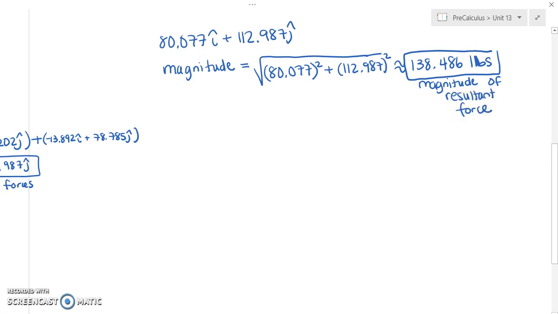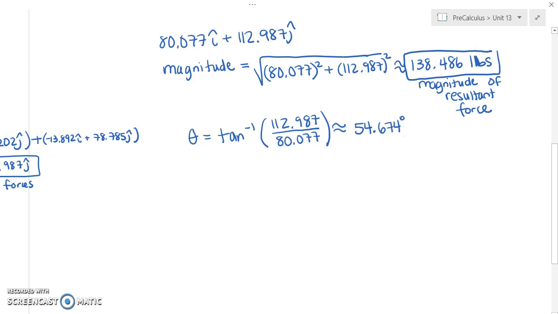The other thing they want from us is the angle, the direction. Okay, so we can do tangent inverse of b over a, which is 112.987 over 80.077. So this is what we did yesterday, and we end up getting 54.674 degrees.